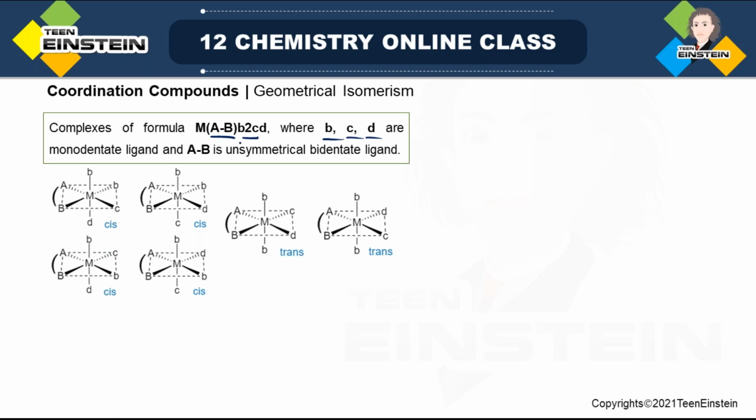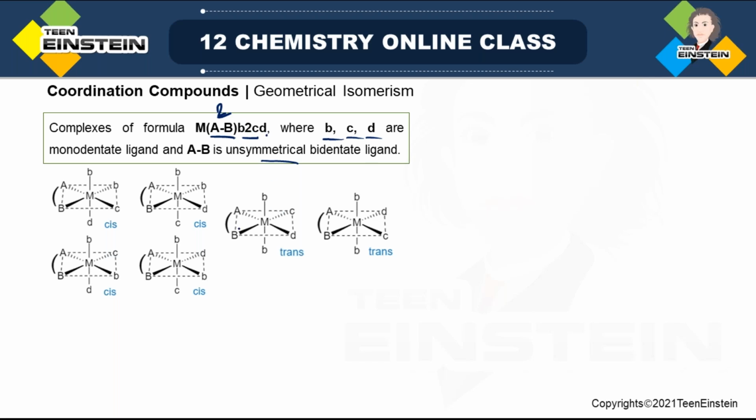And when I am saying AB capital, that means it is not just bidentate but also unsymmetrical. So that is why it is AB. If it is capital AA, then it is a symmetrical bidentate. Okay. So if you have this type, the coordination number is 6, because 2 you are getting from AB since it is bidentate, then 2 from monodentate b, then 1 from c, 1 from d.